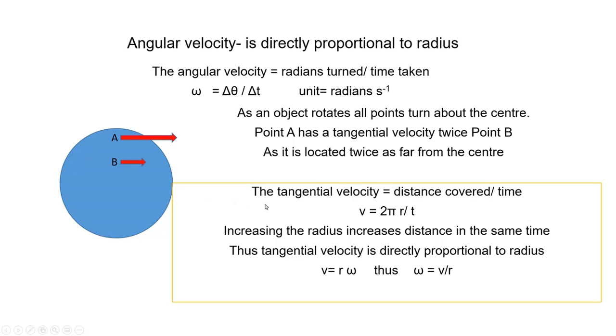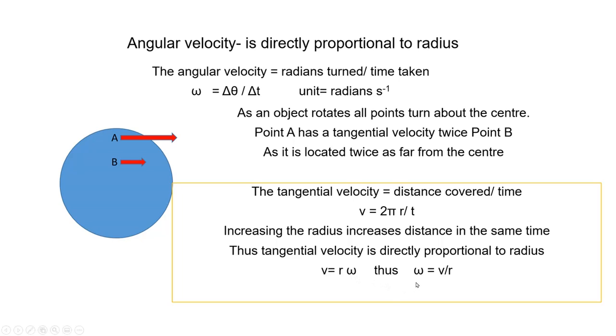So what we have now is to calculate tangential velocity, it's simply distance divided by time. There's the distance on the circle. Increasing the radius will decrease the distance in the same amount of time, therefore we end up with this proportionality. So the velocity is directly proportional to the radius for an object that is rotating at the same rate.